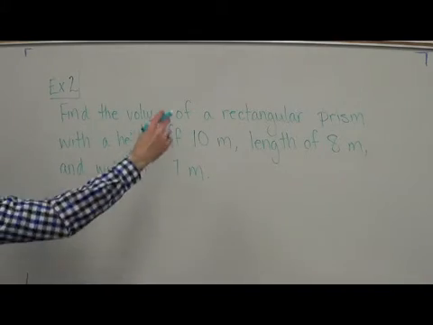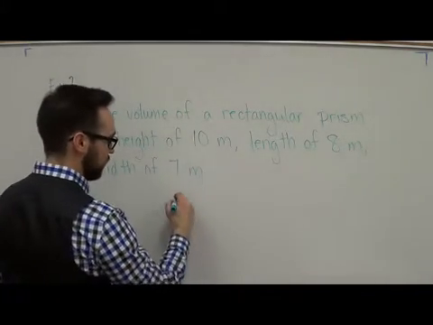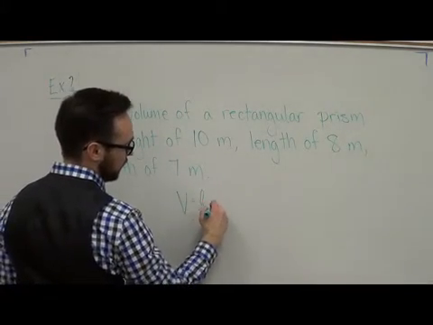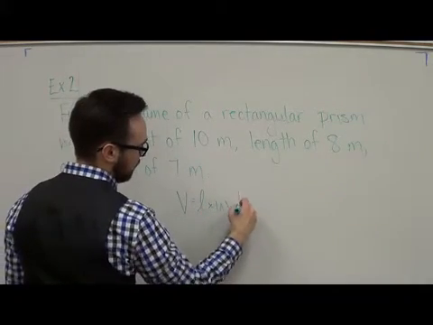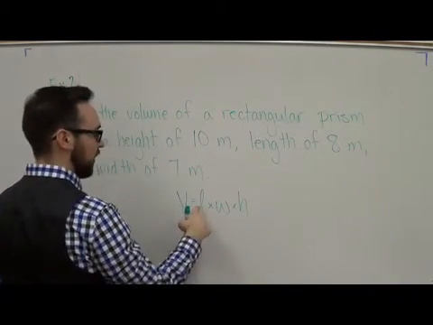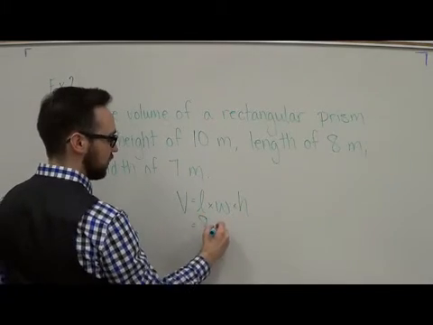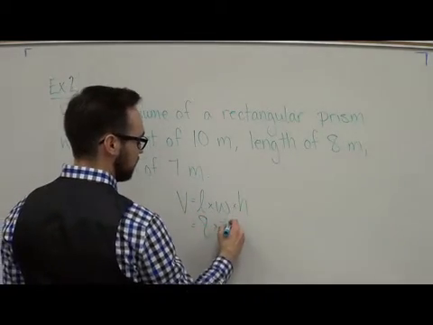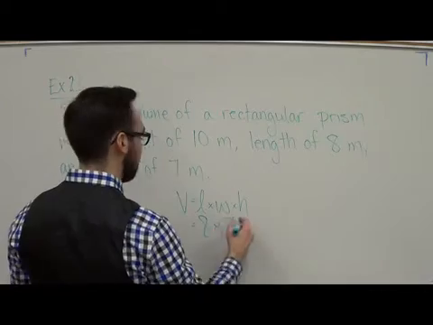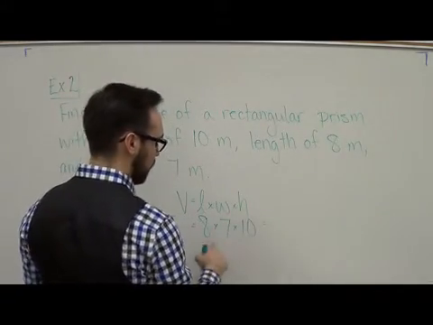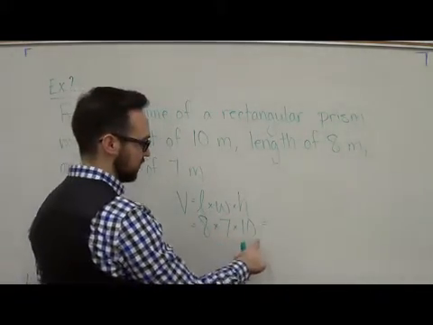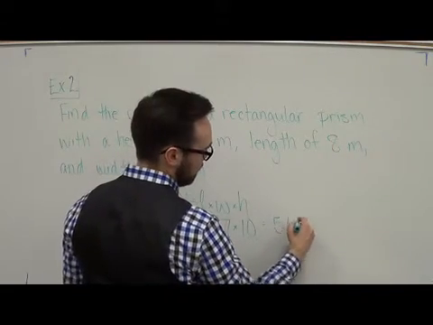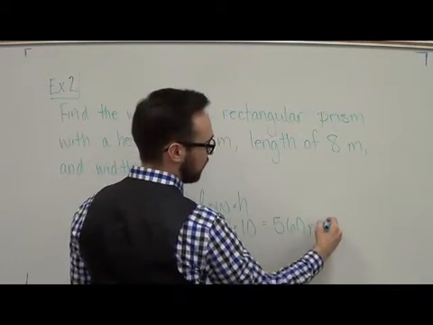So again, rectangular prism indicates that we're doing length times width times height. My length is 8, my width is 7, and my height is 10. Well, 8 times 7 is 56, times 10, 560, we're in meters.